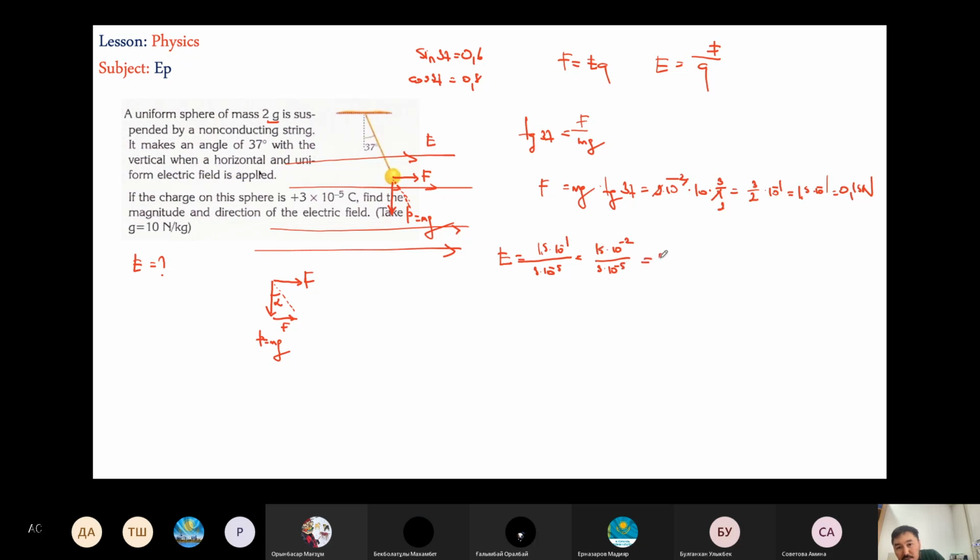So I'll have here 5, and this power goes up with the positive sign. 5 times 10 to the power of 3 Newton per coulomb. Yes, it is 5,000 newtons per coulomb. Негізі 5000 Newton бөлінген кулон. That is the electric field, and that's uniform in the right direction. Оңға қарай бағытталған 5000 Newton бөлінген кулон электр өрісі бар екен.